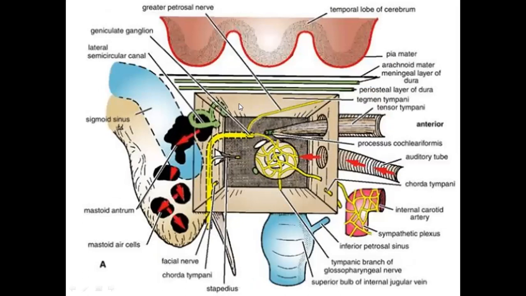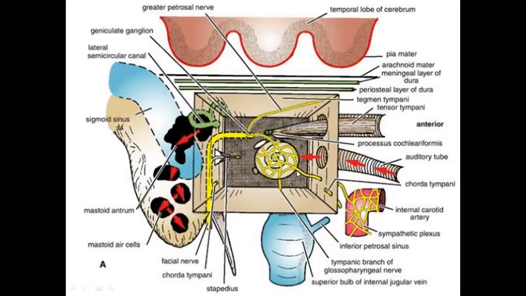This is the roof of the middle ear cavity, which separates us from the middle cranial fossa, the meninges and temporal lobe. This is the floor, which separates us from the superior bulb of the internal jugular vein. This is the medial wall, which contains the promontory, first turn of the cochlea, round window, oval window, and this is the tympanic plexus, which is formed by the tympanic branch of the glossopharyngeal nerve.